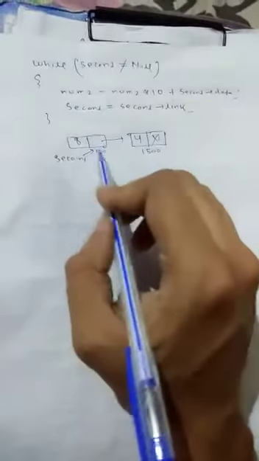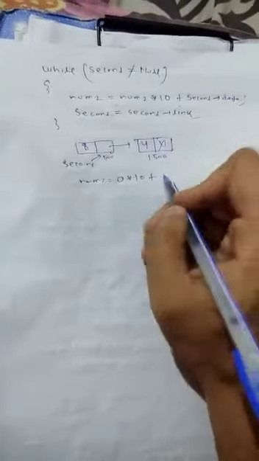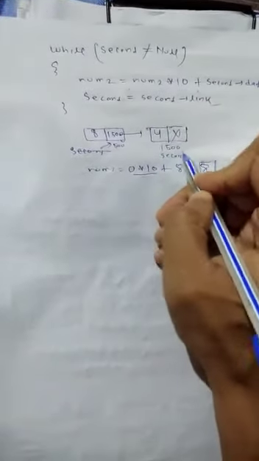So while second is not equal to null, norm2 equals norm2 into 10 plus second data. Initialize norm2 equal to 0 into 10 plus the data here, 8. So norm2 is 8. Next, second equals second link, so second is updated to here and stores the address 1500.